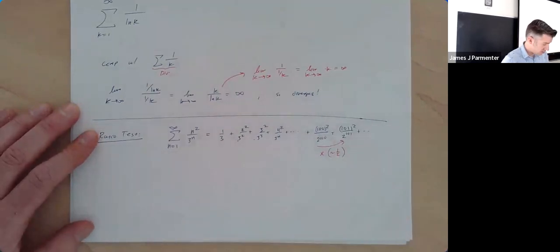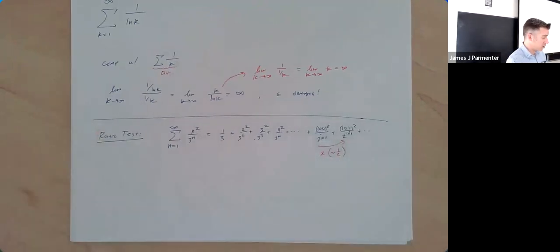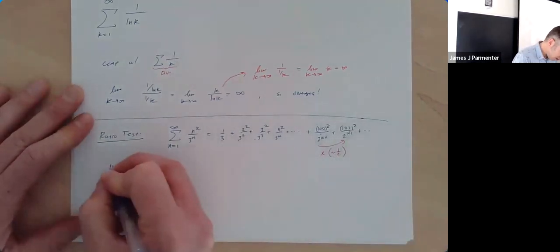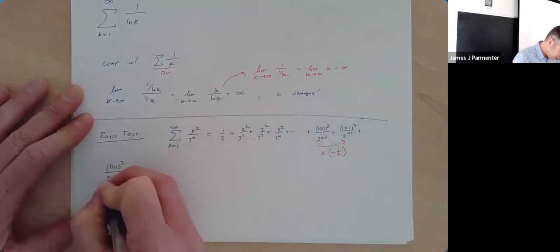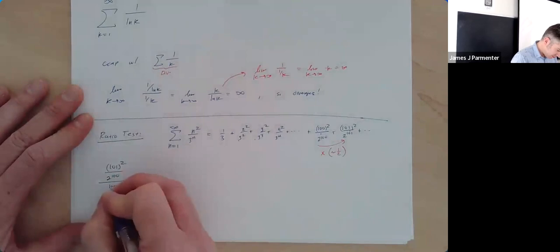Let me show you what I mean. If you take this term and divide it by that term, because that's how you figure out what the ratio is, I take 101 squared over 2 to the 101 and divide it by the previous term.